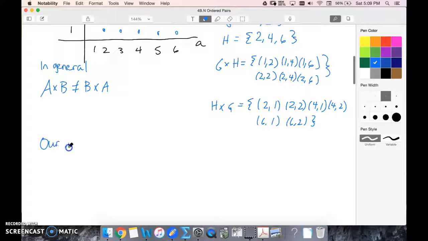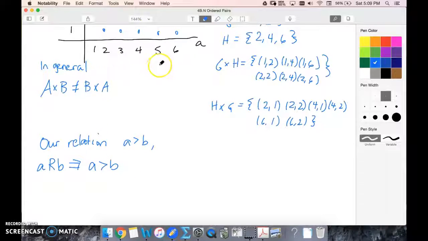So our relation here is that A is greater than B. The way we note that is that A is related to B in such a way that A is greater than B.